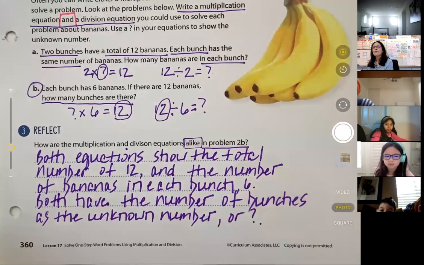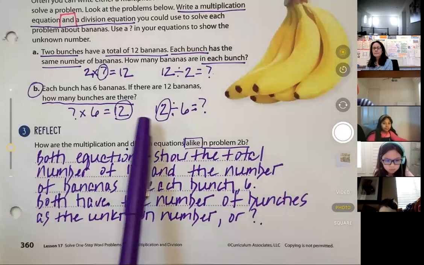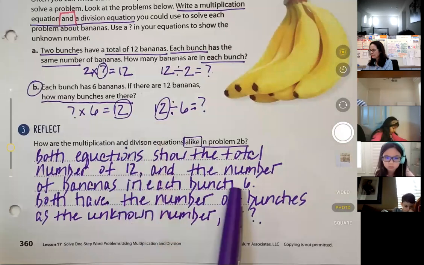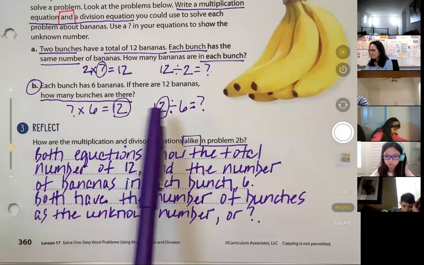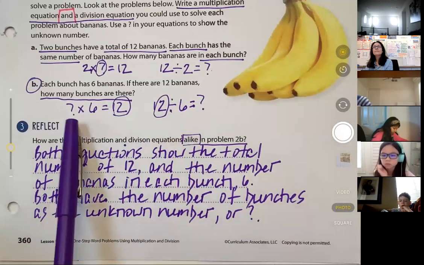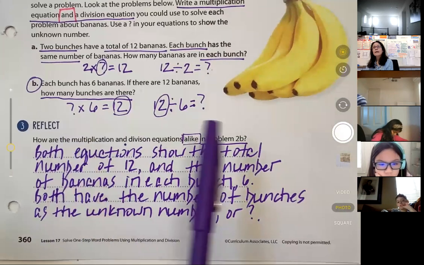All right, both equations show the total number of 12 and the number of bananas in each bunch, which is 6. Both have the number of bunches as the unknown number. There and there.